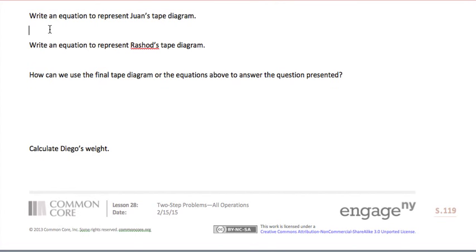Now, if we write an equation to represent Juan's tape diagram, remember we had J plus 20, which was equal to 120, because Juan has gained 20 pounds since last year.